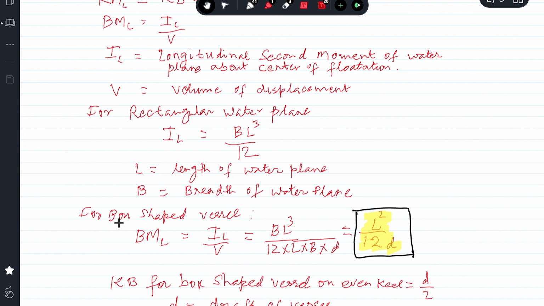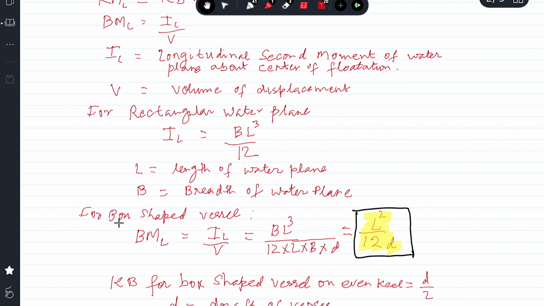Now remember, there is also a transverse second moment of water plane when we are dealing with the transverse stability. There it is LB cube upon 12, but in the longitudinal, IL will become BL cube upon 12. So the length will be cubed here. Length L is the length of water plane, B is the breadth of water plane.